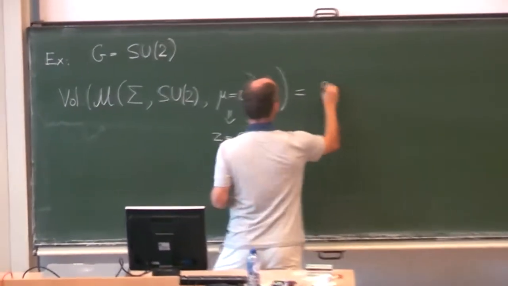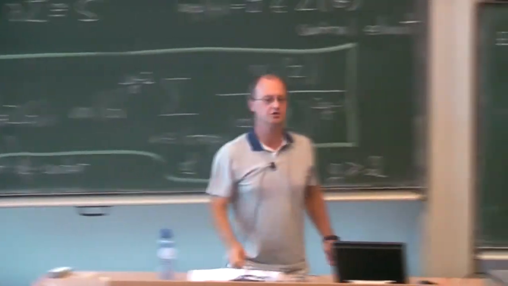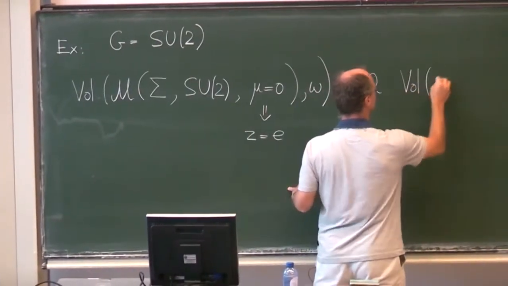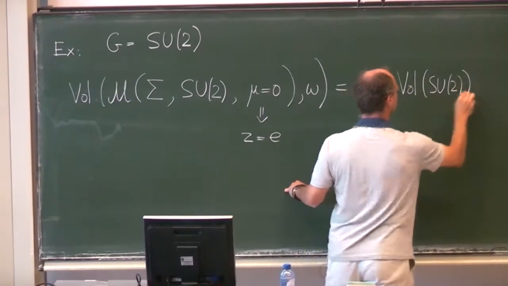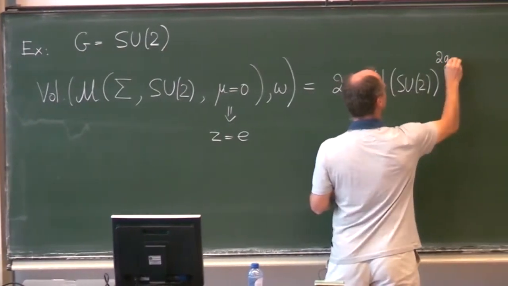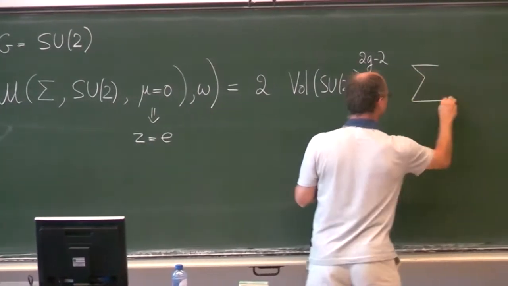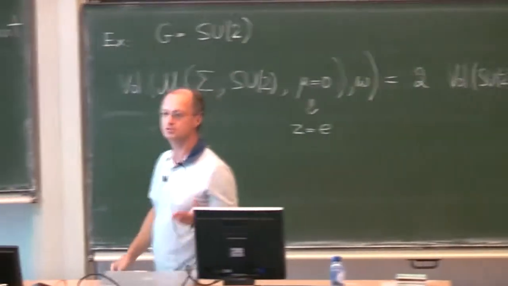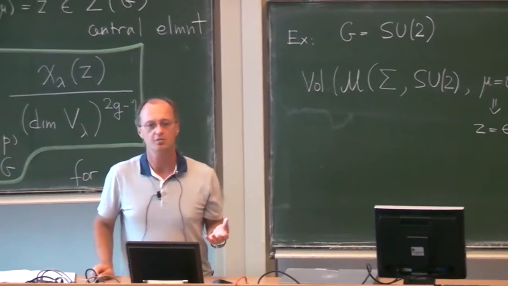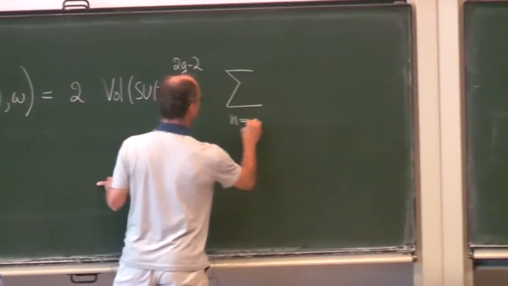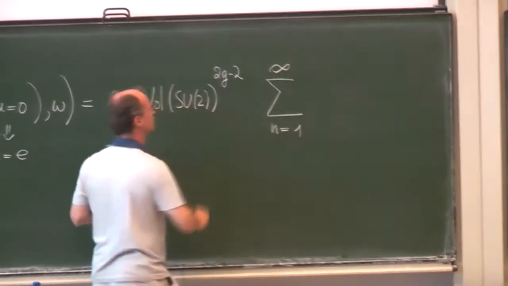So what would we get then? There will be a factor of 2 for the number of central elements of SU2, and then there will be a volume of SU2 to the power 2g minus 2. Then there will be a sum over irreducible representations of SU2, but we know that there is exactly 1 in each dimension starting from 1, so this will be a sum from 1 to infinity.